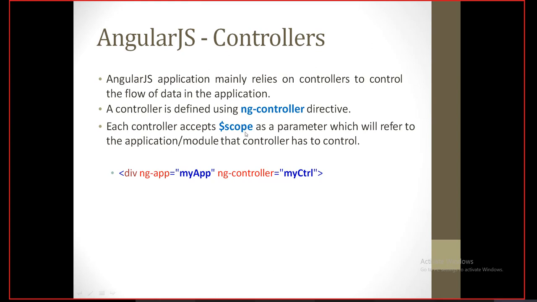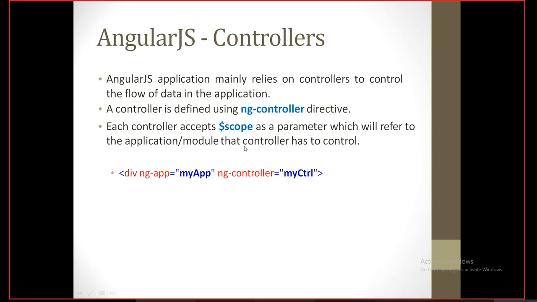Okay, so it refers to the scope of that particular AngularJS application module for which the controller is being created, or for which the controller has to control the data flow.